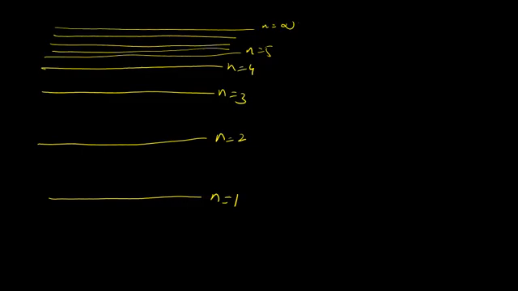The emission and absorption of a photon is accompanied by a jump in the energy of the atom from one permitted value to another permitted value.